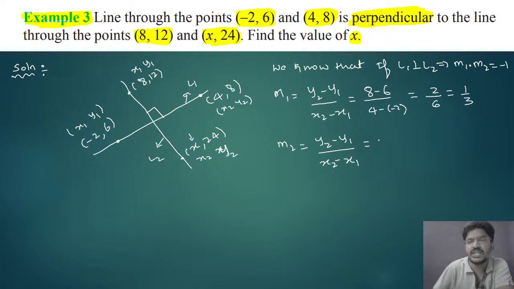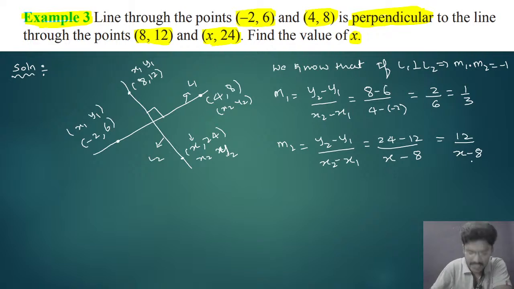So y2 is 24 minus y1 is 12, divided by x2 is x and x1 is 8. Now use the result, that is 12 divided by x minus 8.